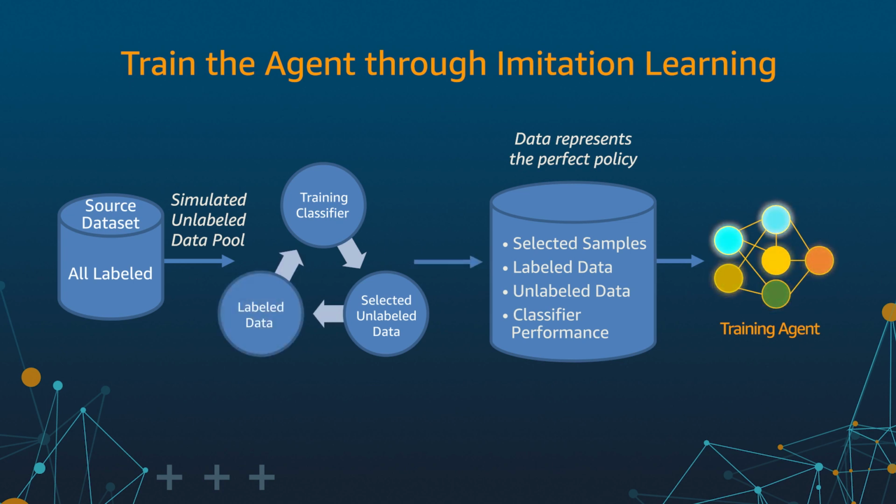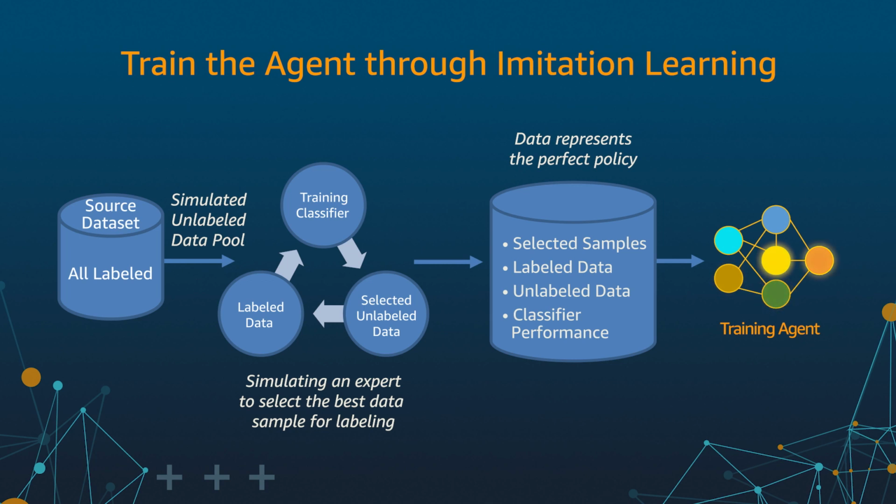On the source dataset, we simulate how an expert selects the most informative data samples for labeling and train a classifier sequentially. We can easily do this simulation because we know all the labels in this dataset. At each simulation step, we generate data pairs, which include the current best sample for labeling, given the already selected samples, the already labeled samples, and other status information.